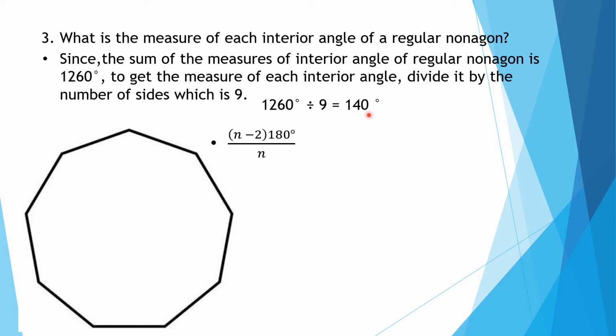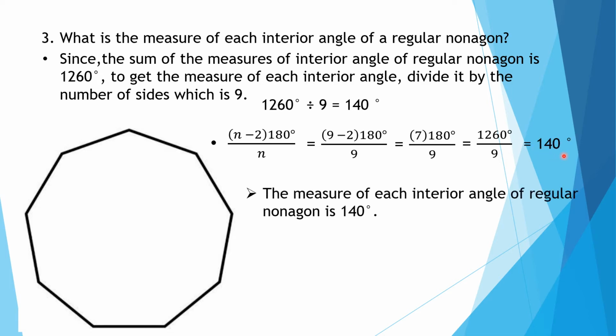Or we can use the formula n minus 2, how many triangles, times 180 degrees, then divided by the number of sides. 9 minus 2 times 180 degrees divided by 9. 7 times 180 degrees divided by 9. 1260 degrees divided by 9 is equal to 140 degrees.